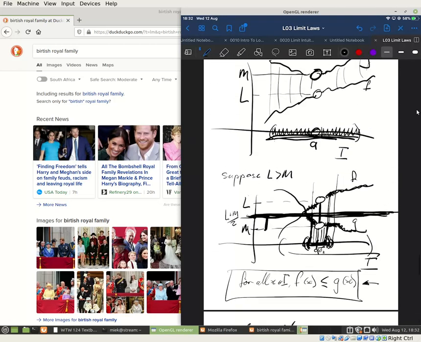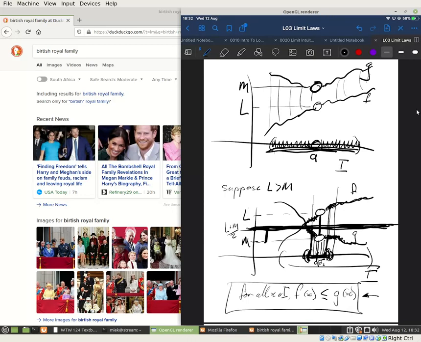We have now found an interval for which f takes on values above the average of L and M, and g takes on values below the average of L and M on some different interval.